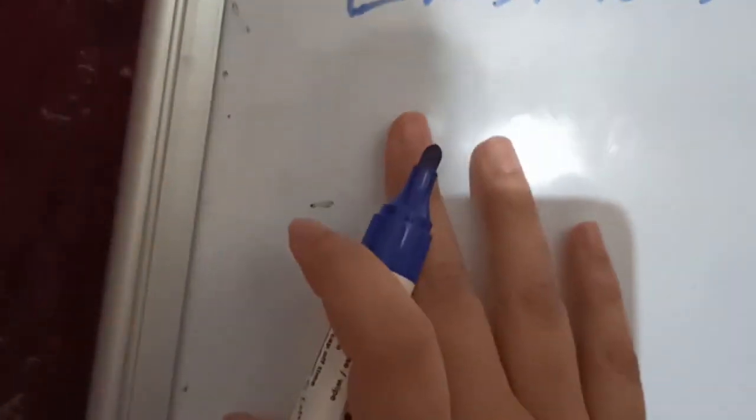Okay, so basically we have two types of landforms, that is erosional and depositional. Okay, so erosional landforms are formed due to the action of plucking and abrasion. So what are the landforms that are formed by erosion?